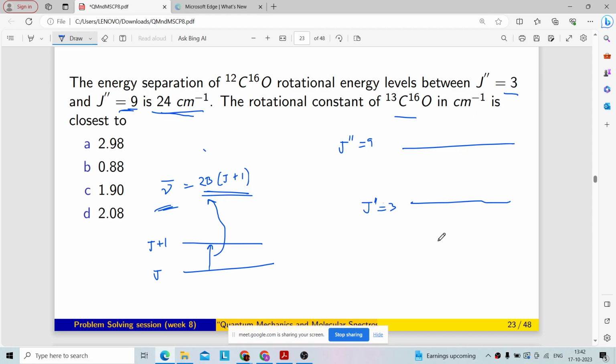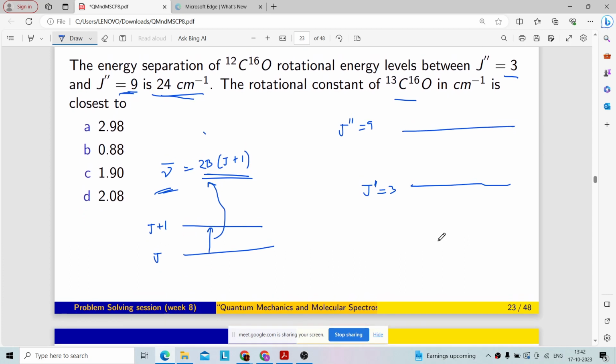For rotational spectroscopy, the line separation between adjacent energy levels will always be 2B. So we can calculate how many adjacent lines are possible between 3 and 9.